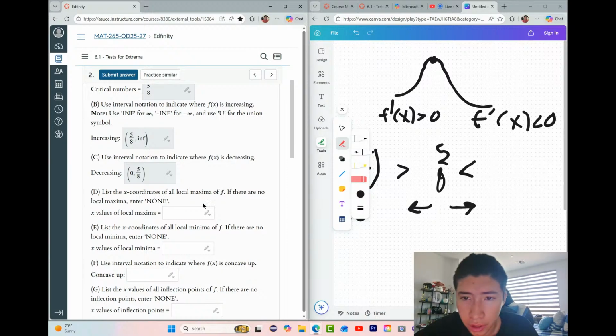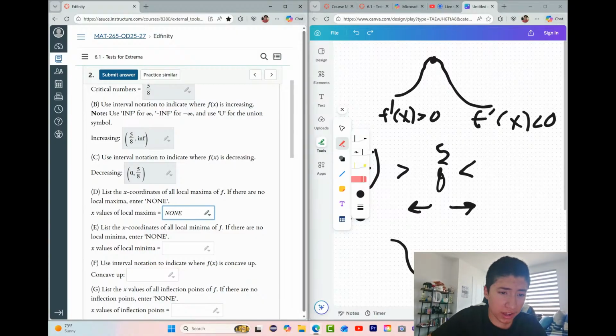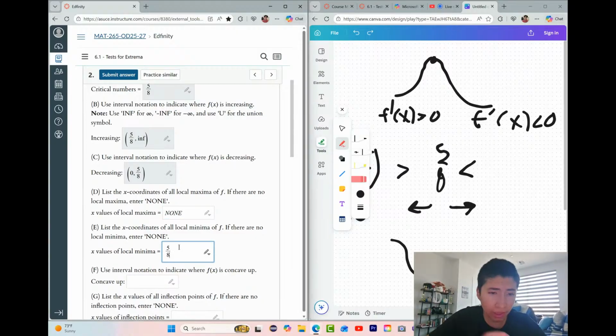Oh wait, hold on. I'm sorry, f of x is decreasing. So actually we see something like this, and that's not what we see here. So I don't think there's a local maximum, but we do have a local minimum at that critical point.